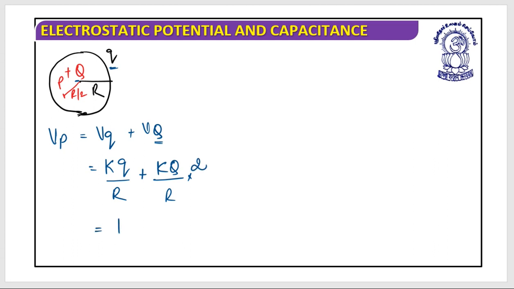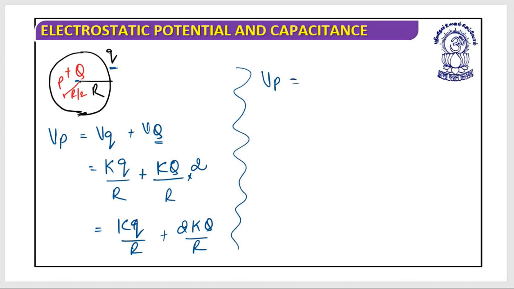So this will be Kq by R plus 2KQ by R. So if I solve this, the potential at P would be equal to K by R multiplied by q plus 2Q.